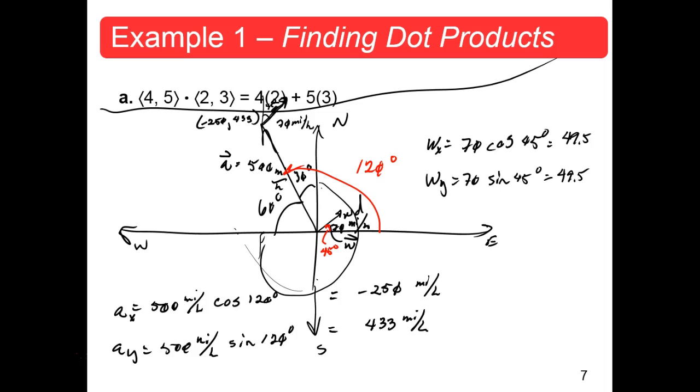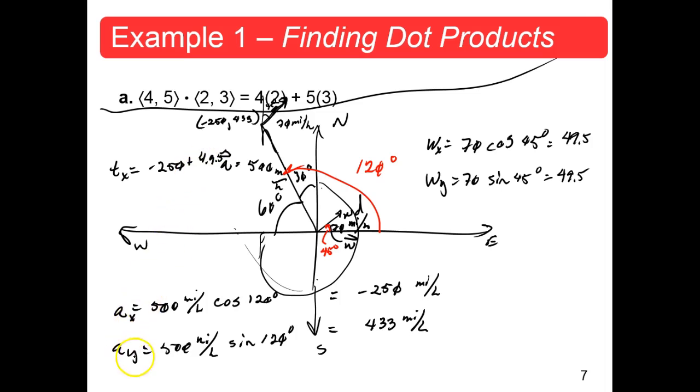How do you do that? Add the components. So let's call this T for true direction. Is that okay? T sub x is going to be minus 250 plus 49.5.